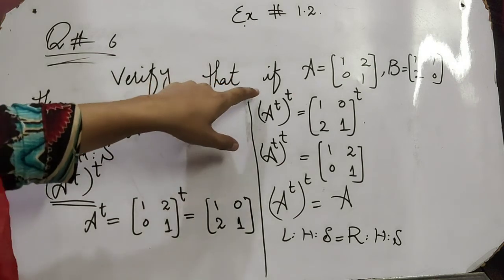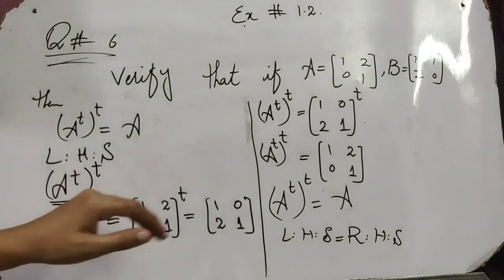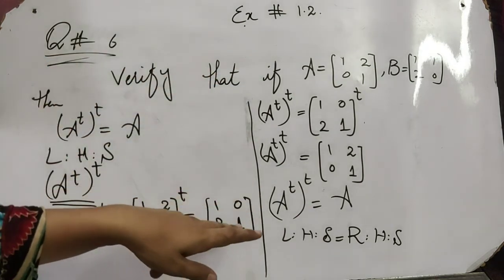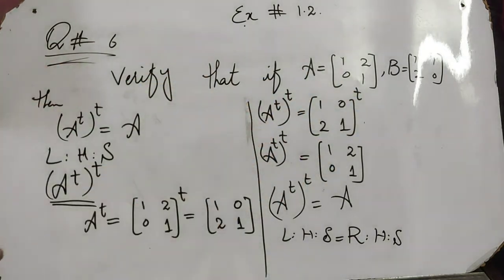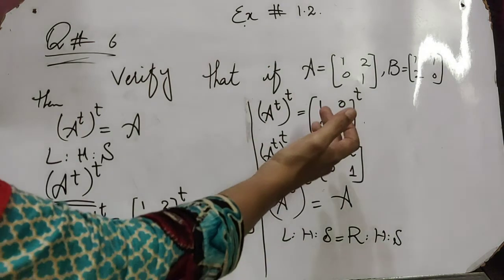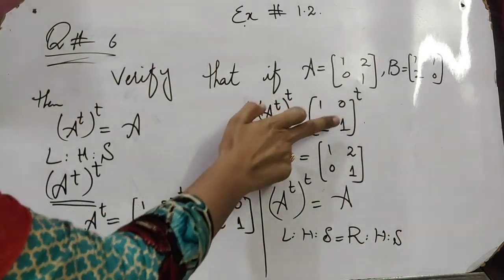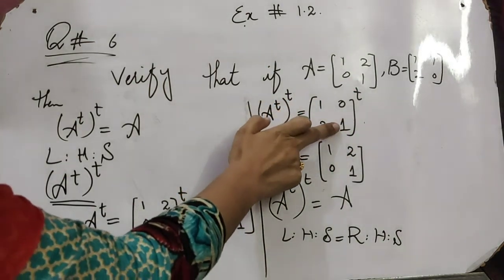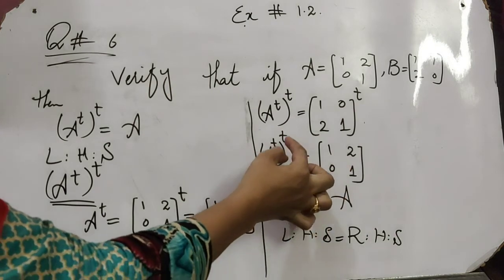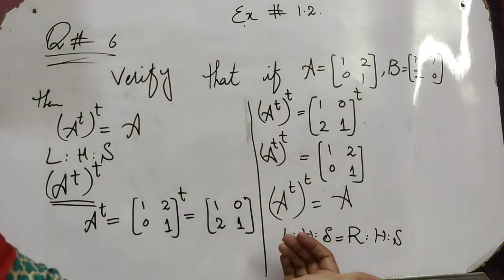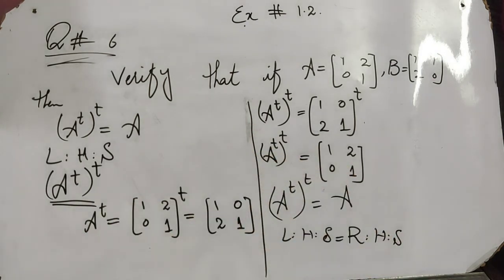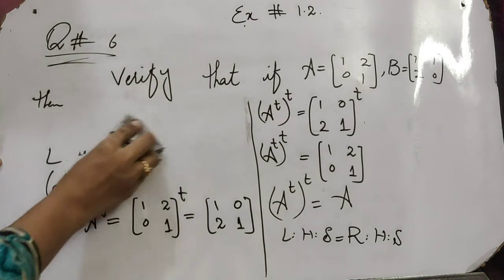For this purpose we take A transpose, that is 1, 0, 2 and 1, and then we take its transpose. It becomes 1, 0, 2 and 1. So the transpose of A transpose will be equal to A. So left hand side is equal to right hand side, which we wanted to prove.